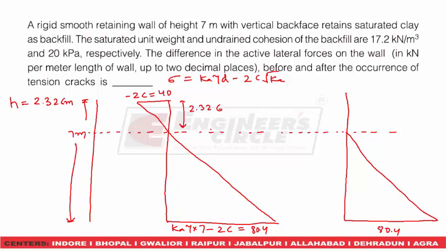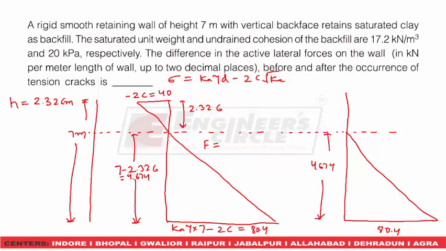So we have to determine this area and this area. For this case, the force will be equal to the area of this triangle minus the area of this triangle. Since the wall is 7 meter, this value will be 7 minus 2.326, that is 4.674, and this is also 4.674.